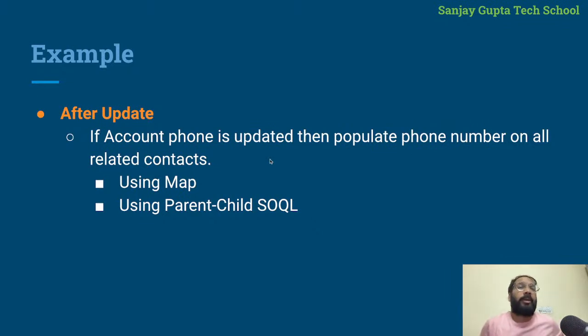So if the parent account record's phone number is updated, all the child contact phones should be the same. We can implement this in two ways, using a map and using parent-child SOQL. First I will demo how to implement it through a map, and then the same concept using parent-child SOQL.